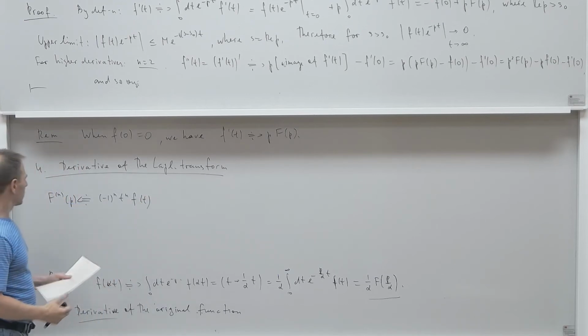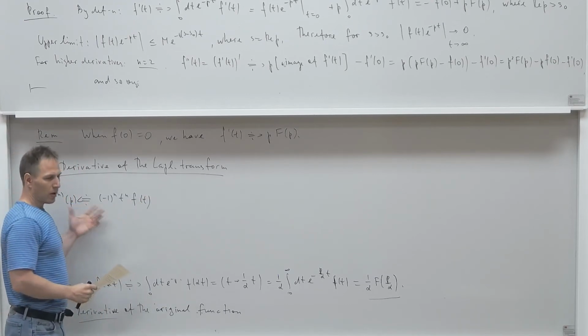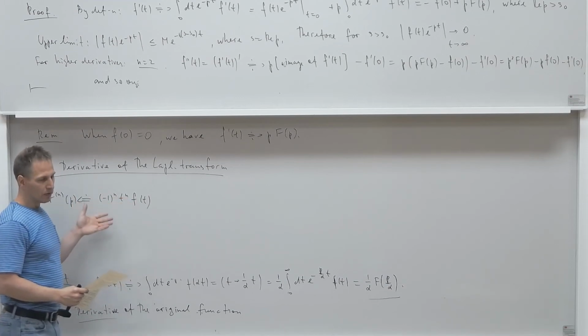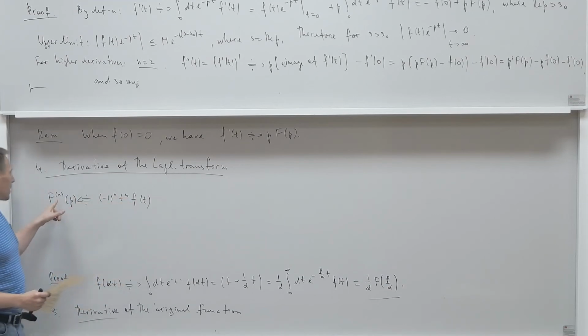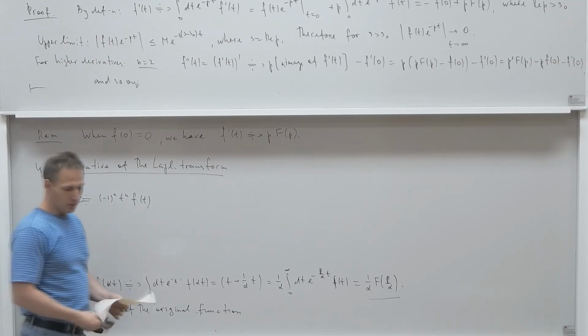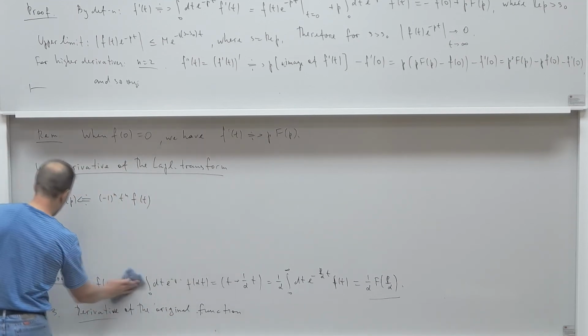It says that minus t to nth power multiplied by f of t is Laplace transformed into the nth derivative of the Laplace image. So, the proof.